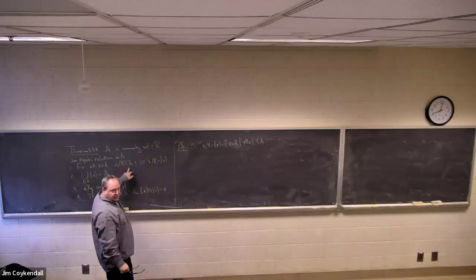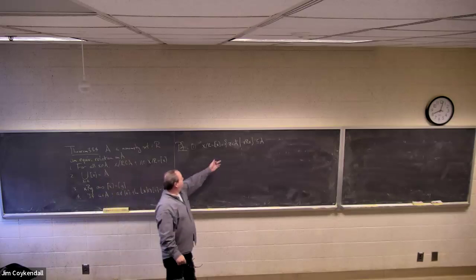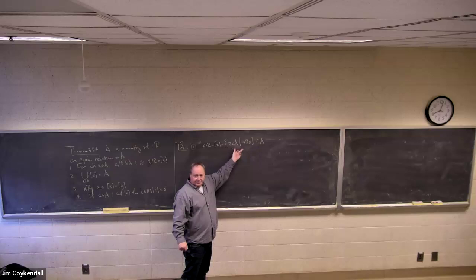By the very definition of what an equivalence class is, this is a subset of A, because a priori this is stuff in A. Everybody okay with that?